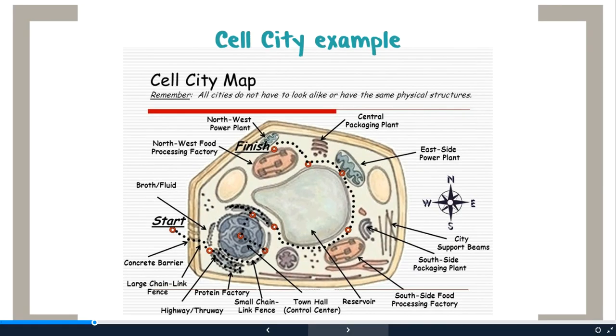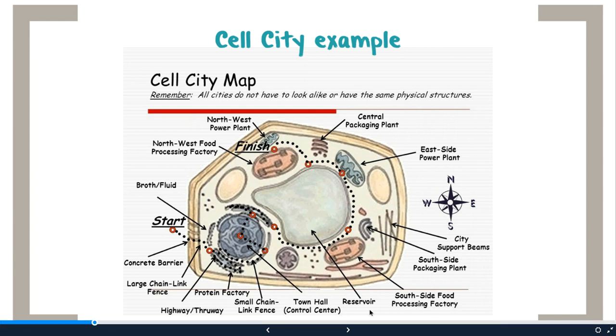The most popular example is a city. So you should be able to recognize at this point that that is a diagram of a cell, and there are a lot of labels. Each one of these structures is a different organelle, and they're being compared to different things that you would find in a city, okay? A concrete barrier, you might guess, could be the cell wall. A protein factory would be like ribosomes.